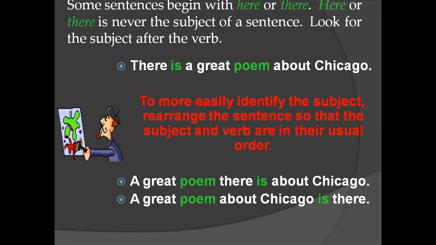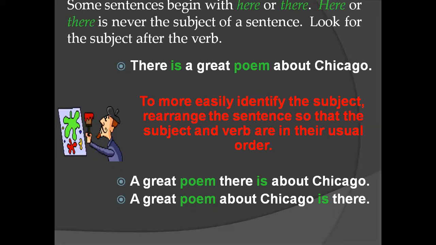Some sentences begin with here or there. Here or there is never the subject of a sentence. Let's see some examples. There is a great poem about Chicago. To more easily identify the subject, rearrange the sentence so that the subject and verb are in their usual order.